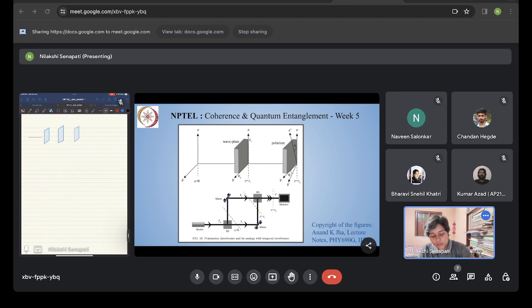Light is coming and falling on it, passing through it.